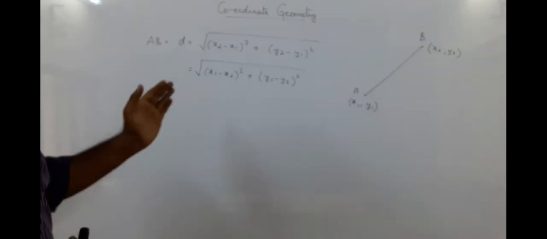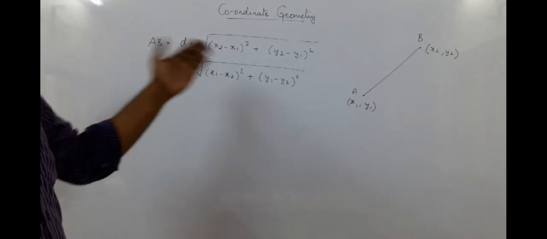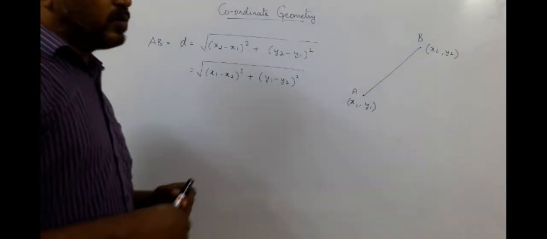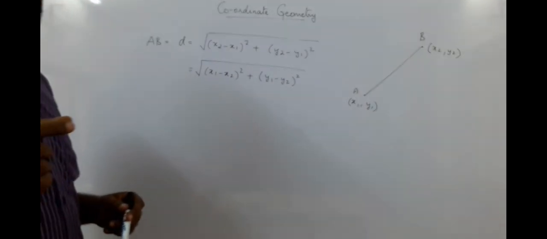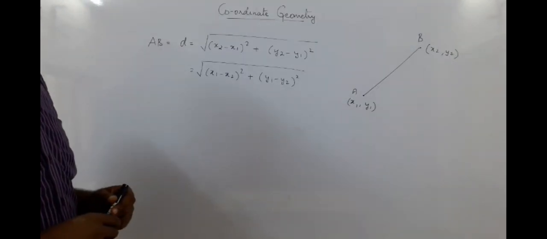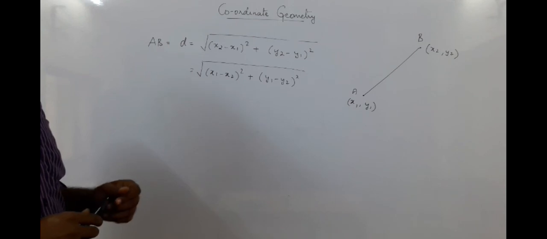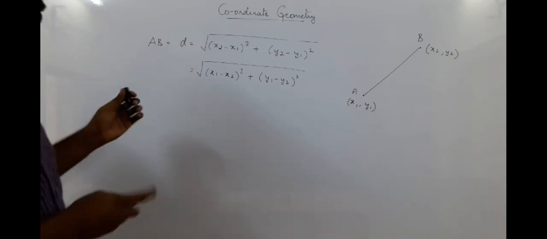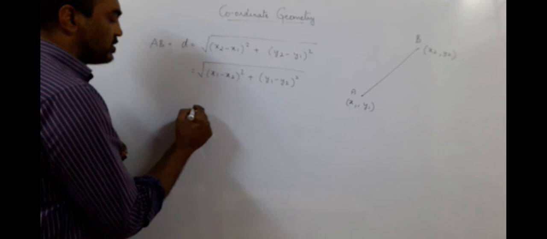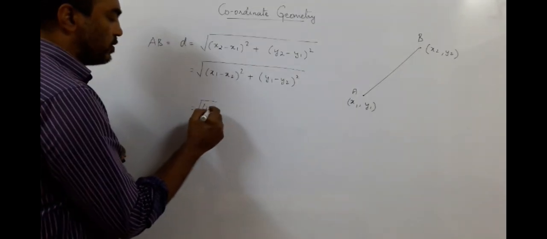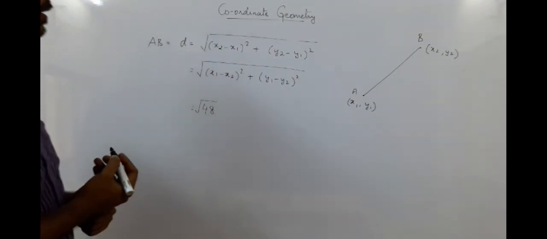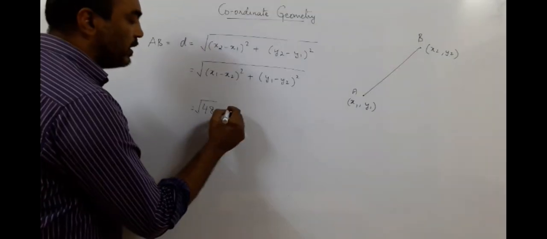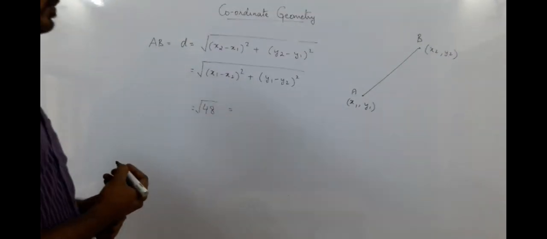Okay, now before we move on to the application of this, we'll have to rewind a little back to what we did in the first chapter. Remember the rational numbers. Why I want to do that is, suppose we get the answer root 48. So you have to write the root 48 in the simplified form.